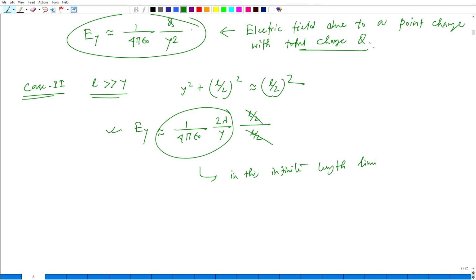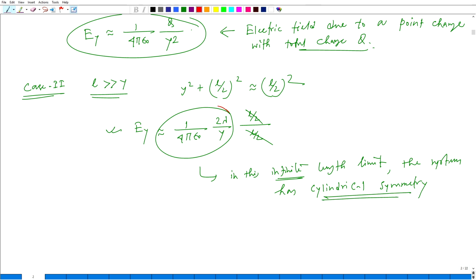In this infinite length limit, infinite means that we are considering a large value of L. In this limit, the system has cylindrical symmetry, and that is the expression.